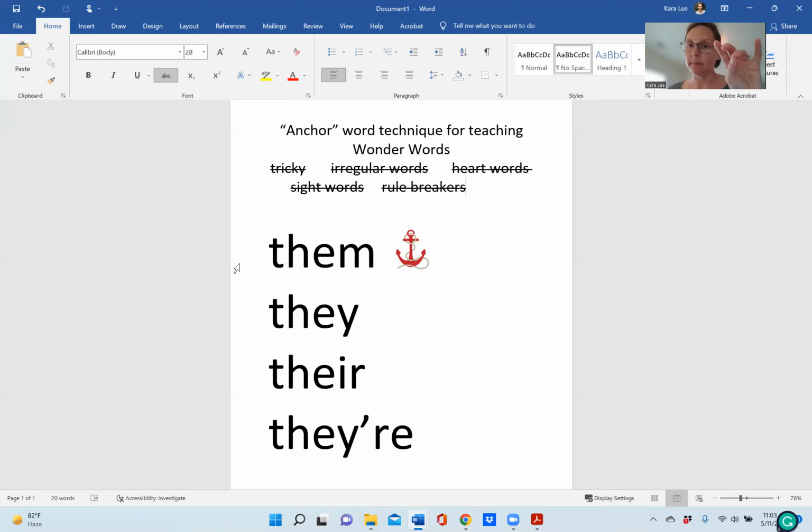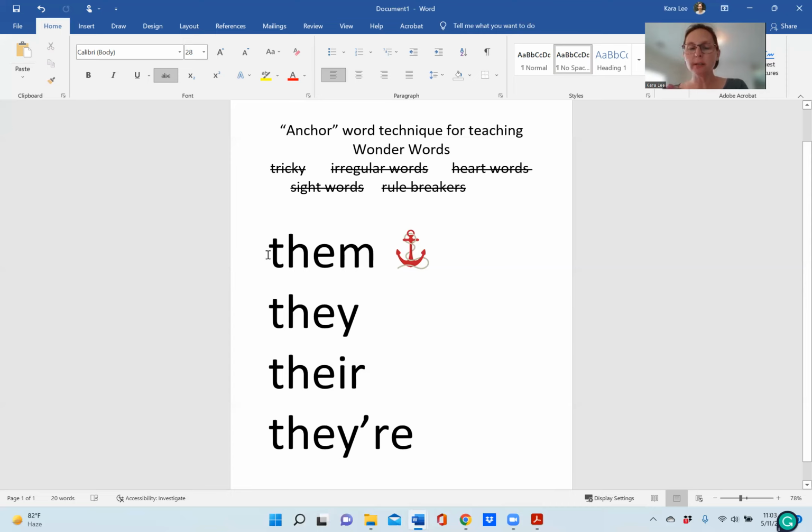We like that word them, don't we? As teachers, we're like, oh, yay. One sound gets one symbol, right? Sound to symbol correspondence here. Great, yay, we like it. T-H-E-M.